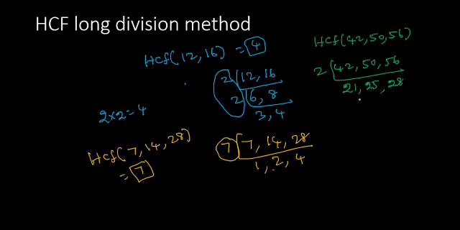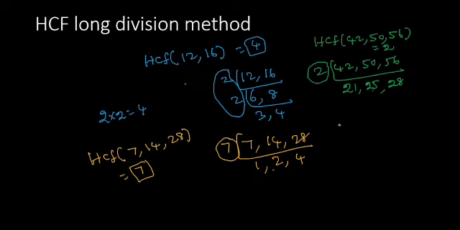When we deeply observe this 21, 25 and 28, we don't have any common divisors here. Now the common divisor in this case is only 1 here. So if that is the case, now we have to leave as it is. Now the HCF of 42, 50 and 56 is called as 2.